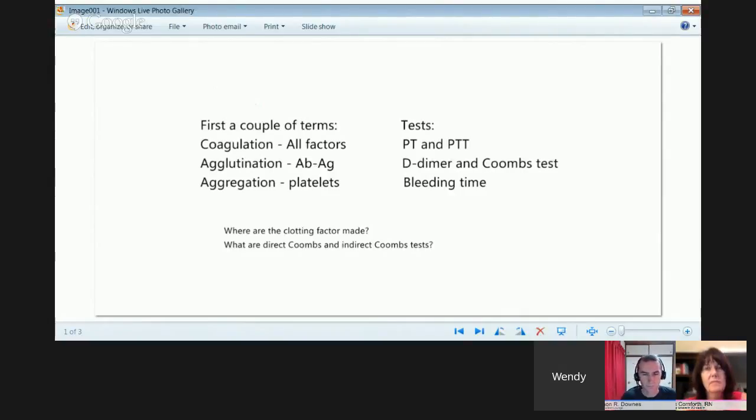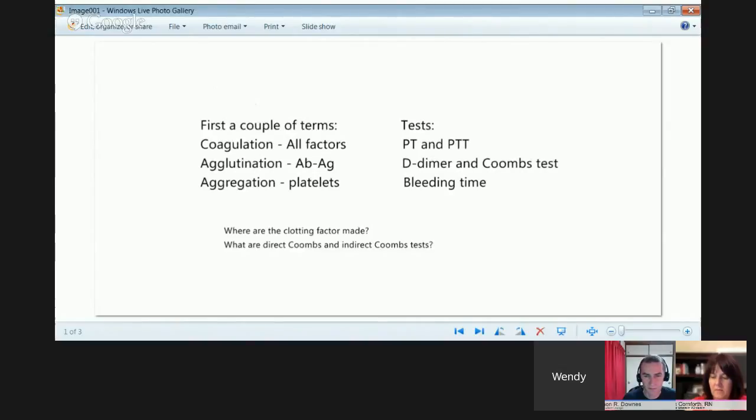Okay. So for coagulation, we test those factors, our clotting factors. We use PT, PTT, and INR. I don't know a lot about this, but I was trying to read up on it before this meeting. So the PTT would be the intrinsic pathway, and the PT is the intrinsic.